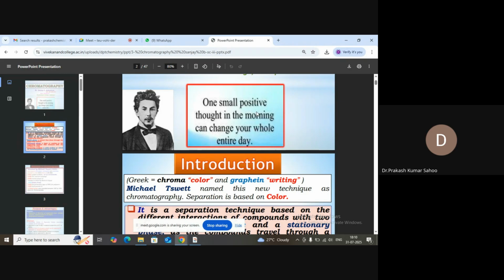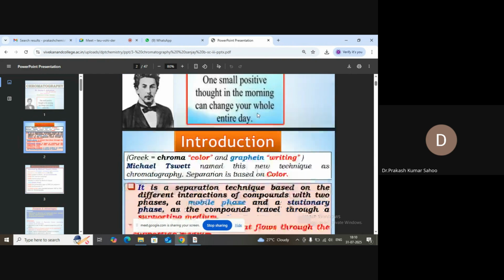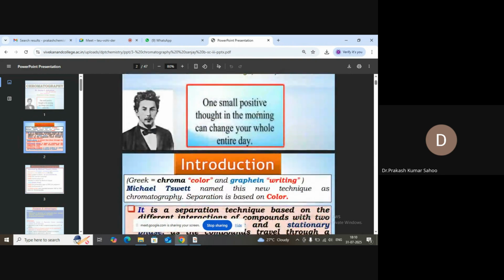As we know, one small positive thought in the morning can change your entire day. Likewise, in chromatography, the first word is chroma, which means color, and graphy means writing.